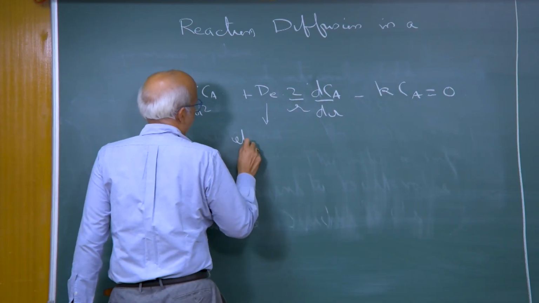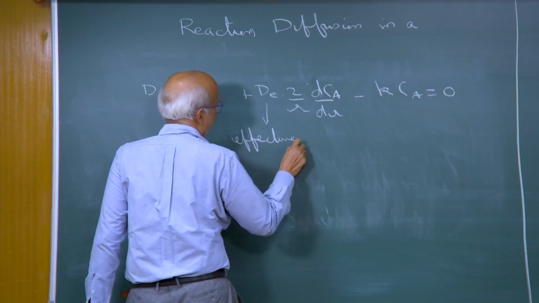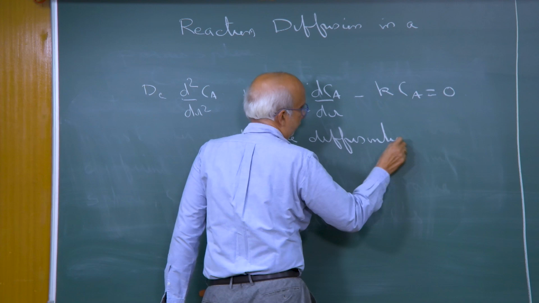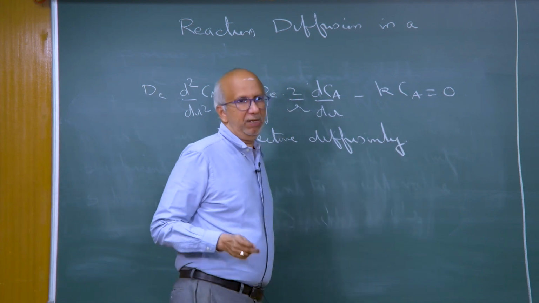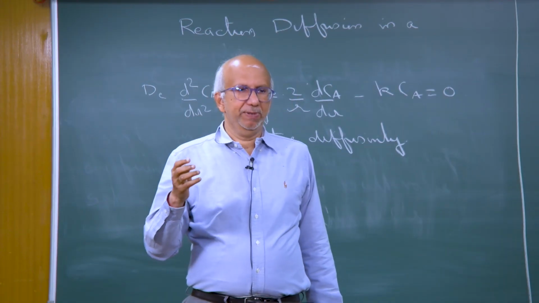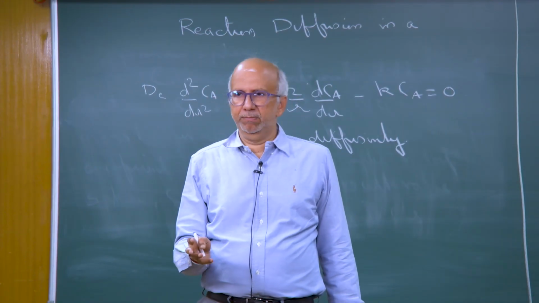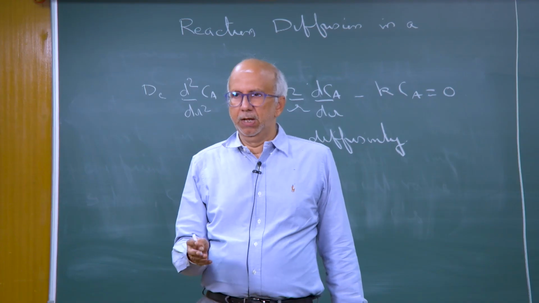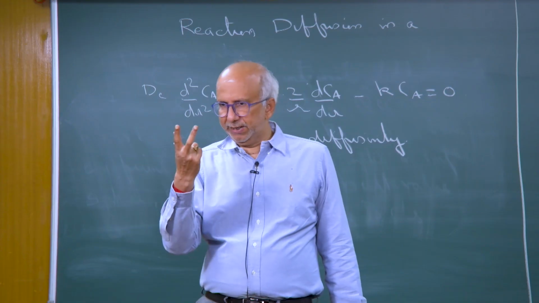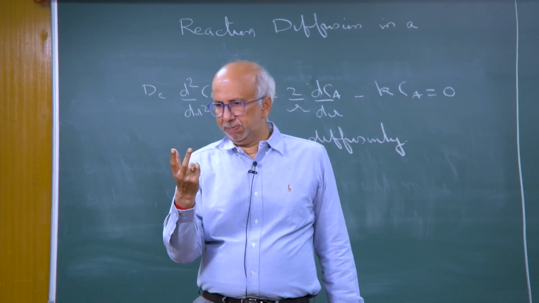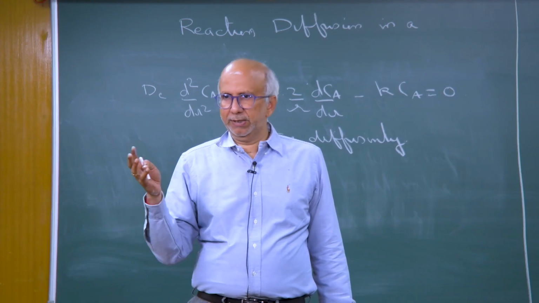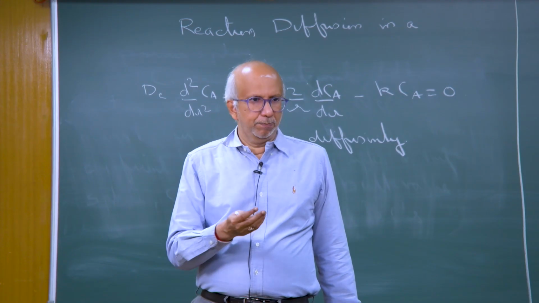This is effective diffusivity. Well, normally when you talk about diffusivity, you talk about diffusion of gas of a species in bulk, okay. But now we are talking about diffusion through a porous network. So, the diffusion is not occurring through a bulk gas, it is occurring through a porous network.